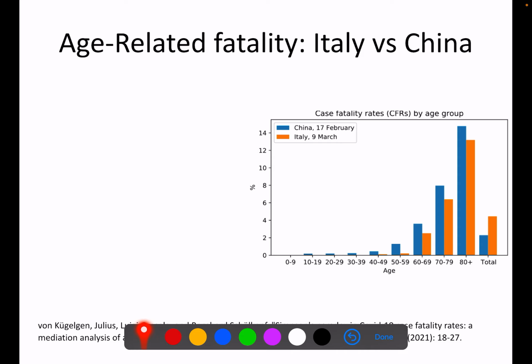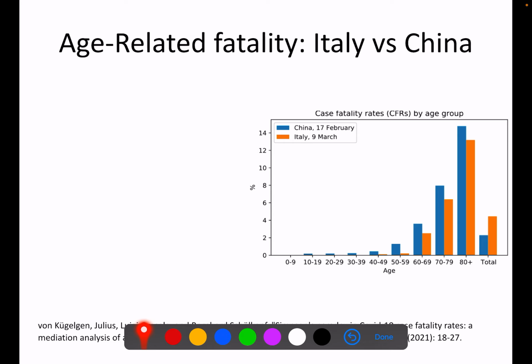But when you look at all the population, the trend reverses, right? If you look at the entire population, then Italy has a much higher case fatality rate compared to China. And I see some faces that are very confused, and that's how I was. Before reading the paper, I tried to find out what's going on, because this doesn't make sense to me at all.